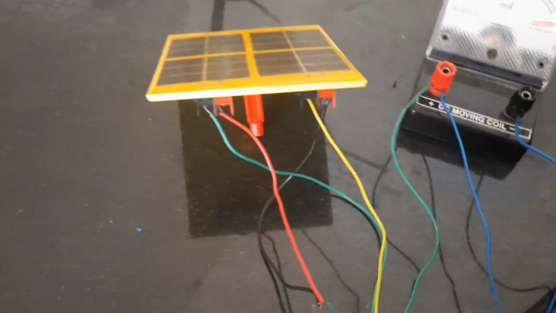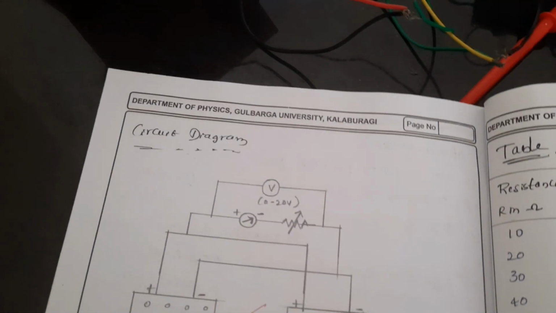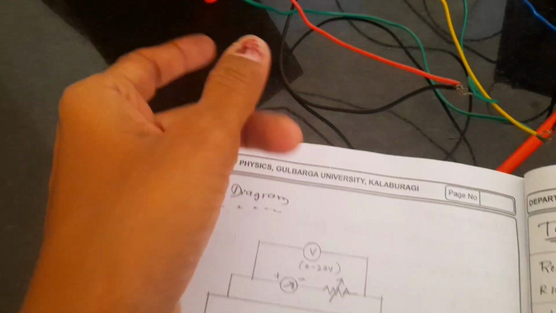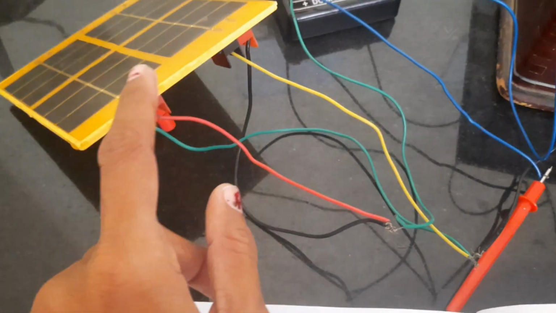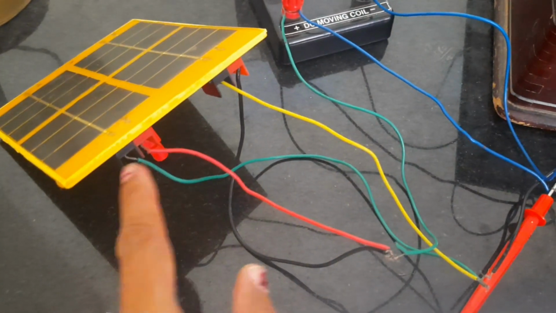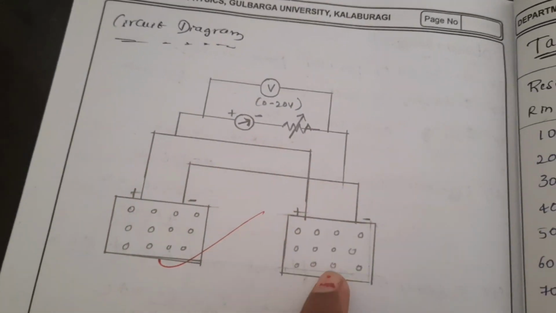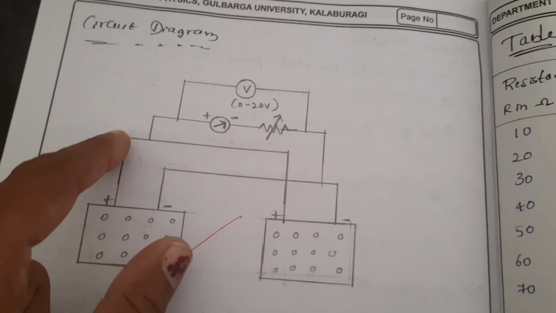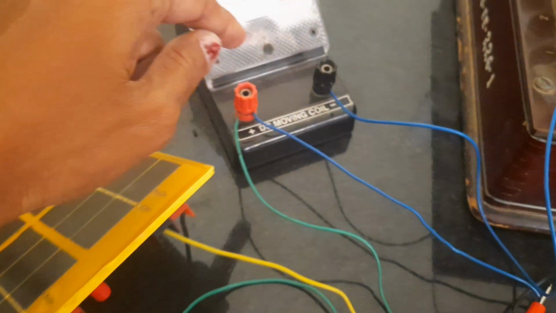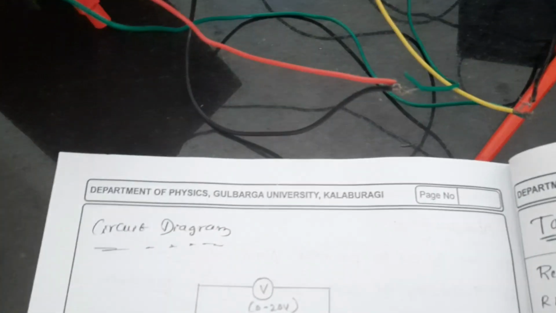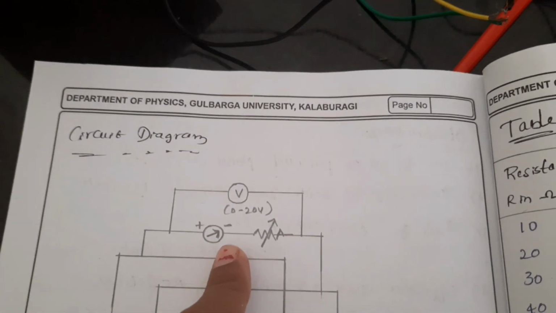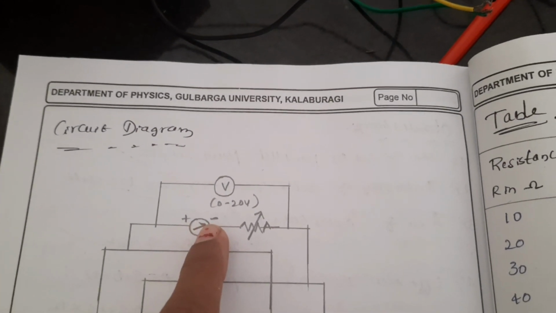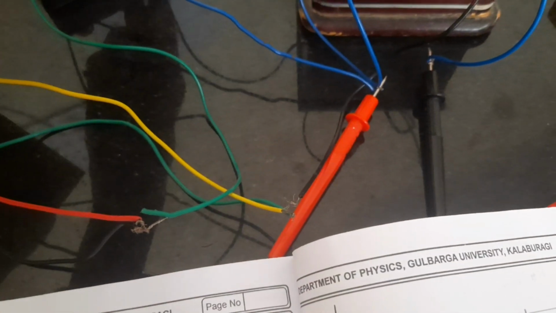For the first connection, from positive to positive we should make the connection, and negative to negative. From positive to positive, one common connection goes to the ammeter, and then the negative of the ammeter goes to the resistance box.